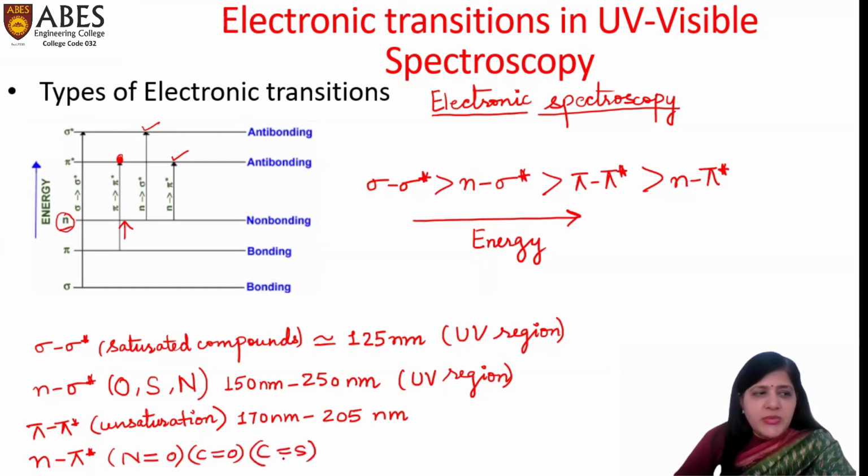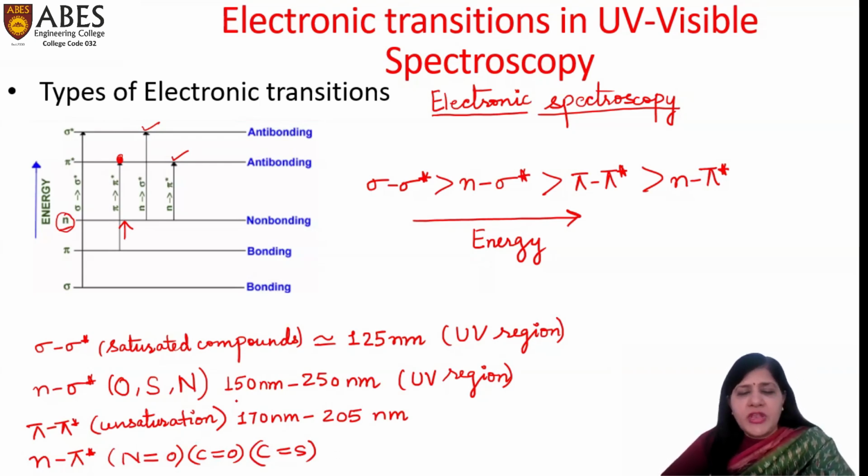These are extremely low energy transitions and they correspond to the low energy values. So these are the types of electronic transitions which are exhibited in UV visible spectroscopy when molecules absorb UV visible light.